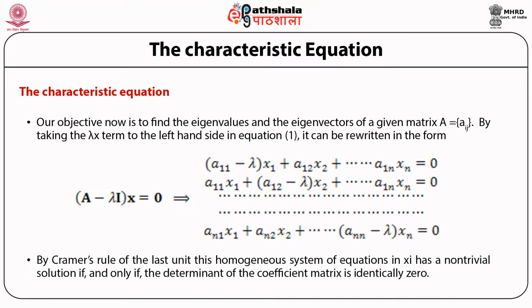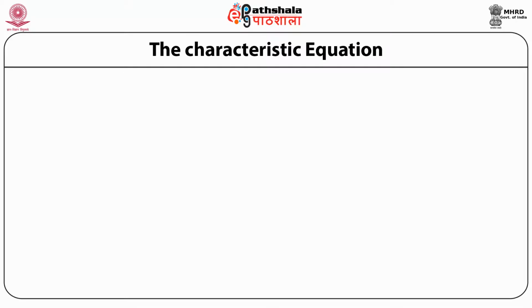By Cramer's rule, this homogeneous system of equations in Xi has a non-trivial solution if and only if the determinant of the coefficient matrix is identically 0.